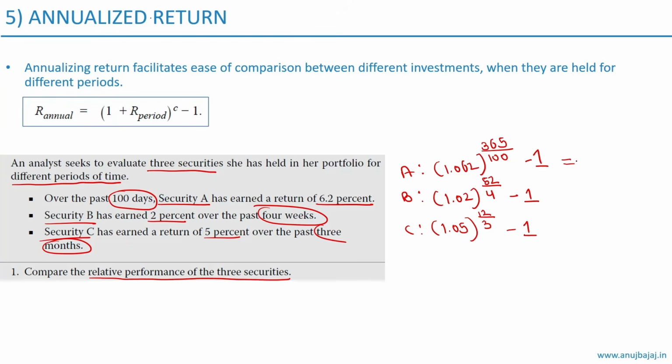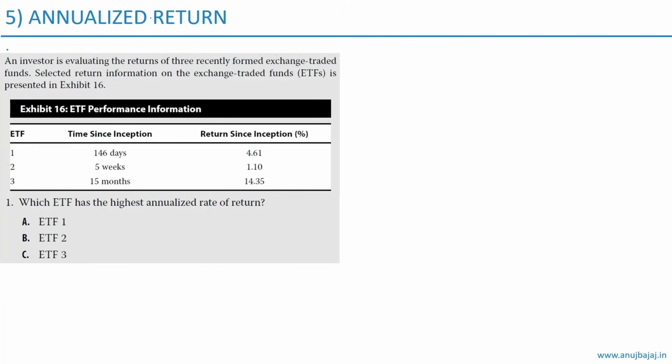So the answers will be 24.55%, 29.36% and 21.55%. So when we annualize each security, we can say that security B has earned higher return. I want you to solve this example by yourself, and if you have already solved this, the correct answer is option B.